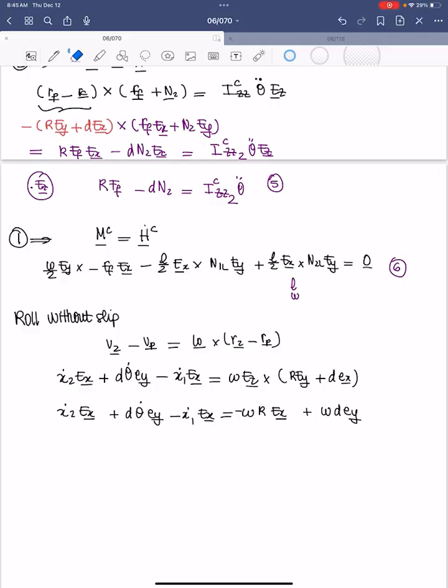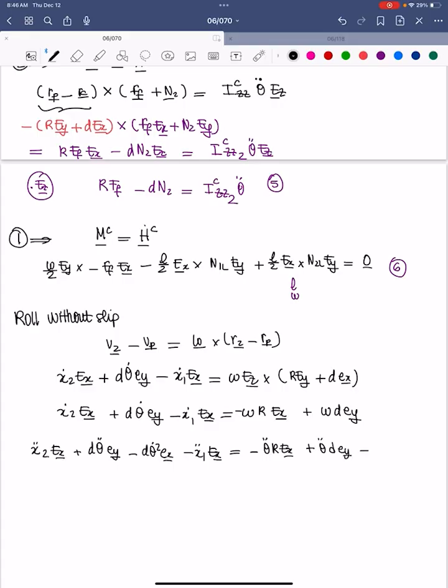I will get that a2: x double dot 2 EX plus d theta double dot EY minus d theta dot squared EX minus x double dot 1 EX is equal to minus alpha R, or theta double dot R, plus theta double dot d EY minus theta dot squared d EX.